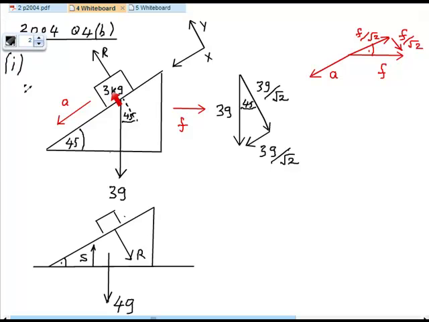And now we can resolve R along the horizontal. We can pick the horizontal as our new x-axis. So make this our new x-axis this time because the wedge is moving in that horizontal direction. This means we must resolve all forces along our new x or y axis.